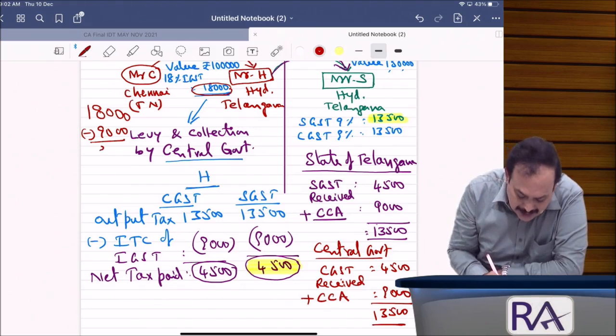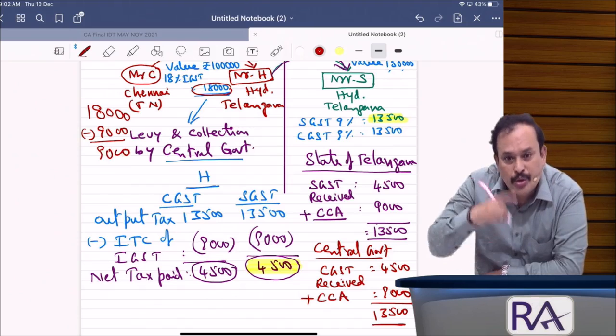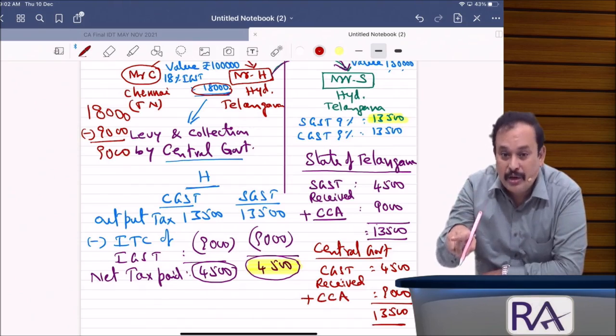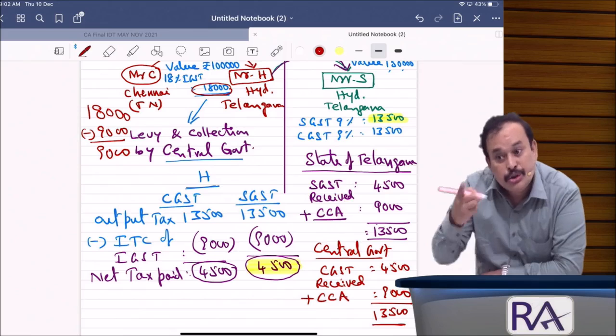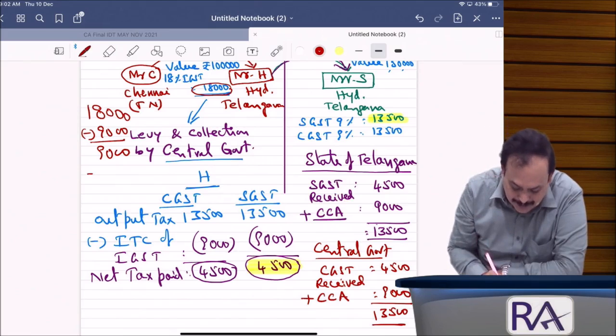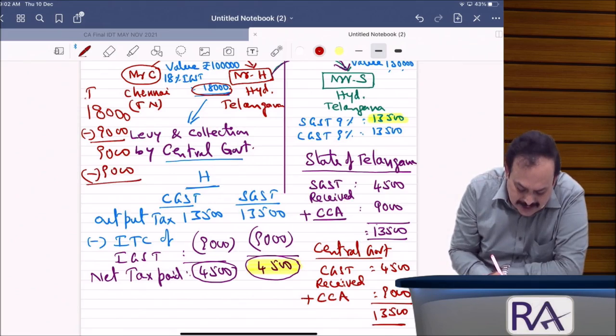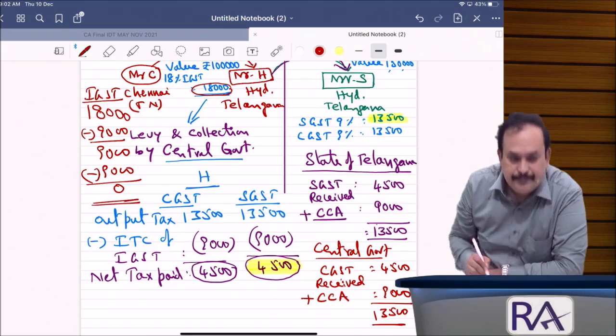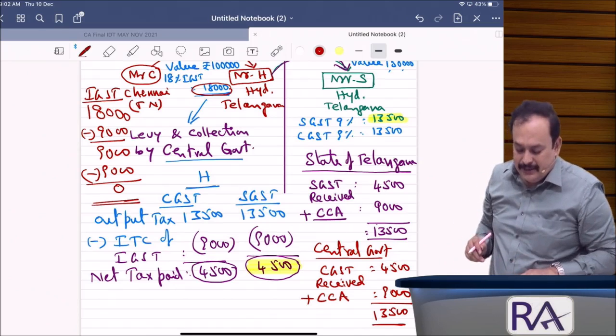The balance 9,000 also goes to the central government CGST account through CCA. Understand, sir? Thereby, this IGST will become 0. Are you getting my point, sir?